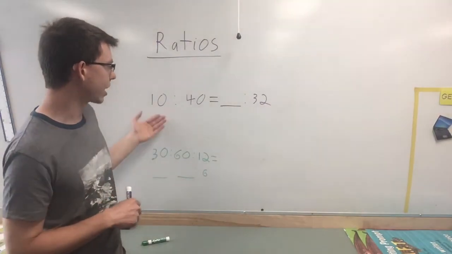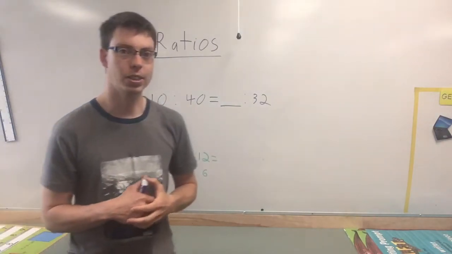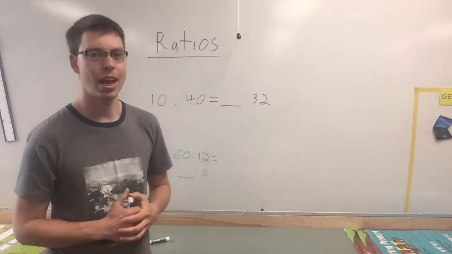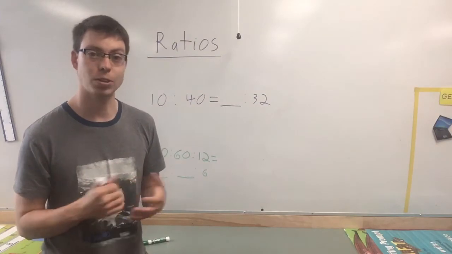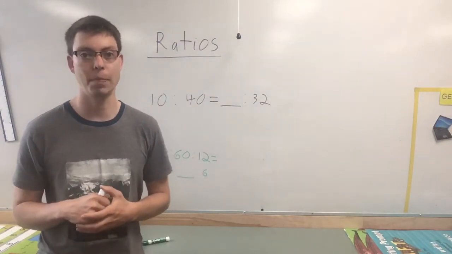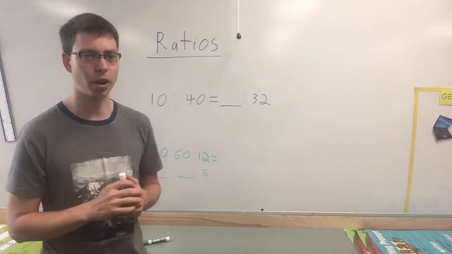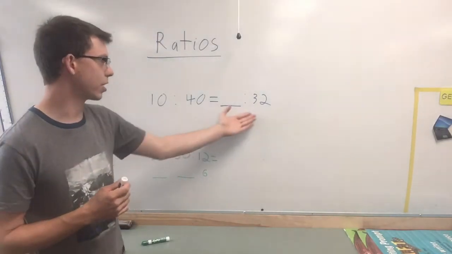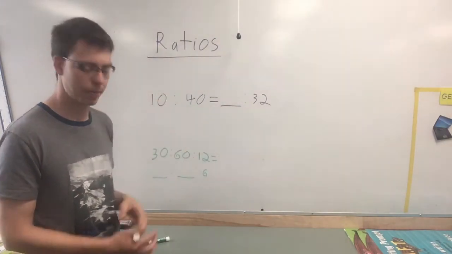Okay? I can see that 40 turning into 32 is going to be difficult because we're only going to use division and multiplication for this, because with ratios we're talking about equal parts. So subtracting and adding doesn't actually work. One of the easiest ways to figure out this question is to break it down and then build it back up.